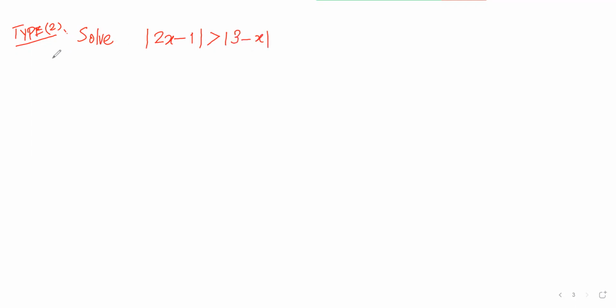To solve this inequality, there are two methods. So what is method one?